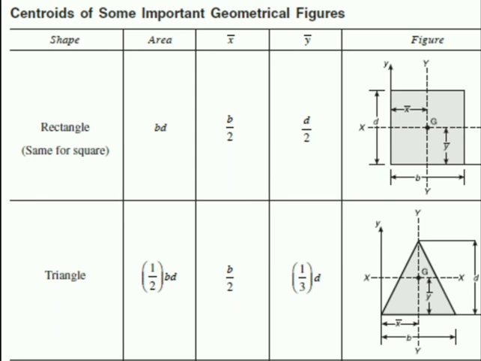As this equilateral triangle is symmetrical about the vertical axis, x bar is directly b by 2, that is half of the base, whereas y bar is 1/3 of d or 1/3 of h, whatever symbol you take. So in an equilateral triangle we can get x bar directly, which is half of the base, whereas y bar needs to be found by using the formula.